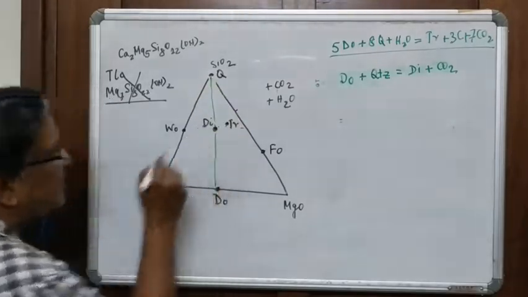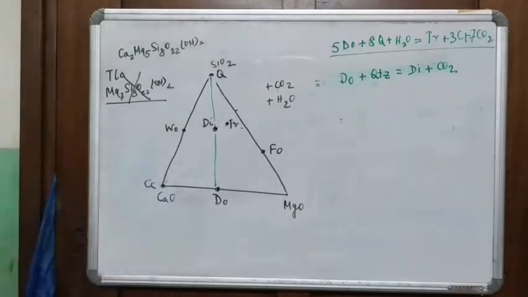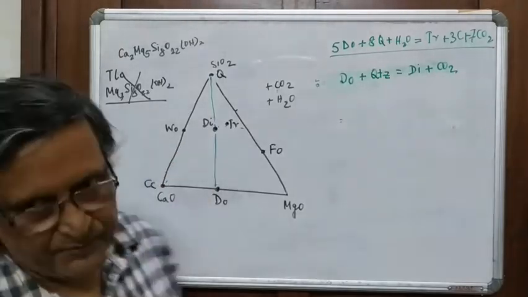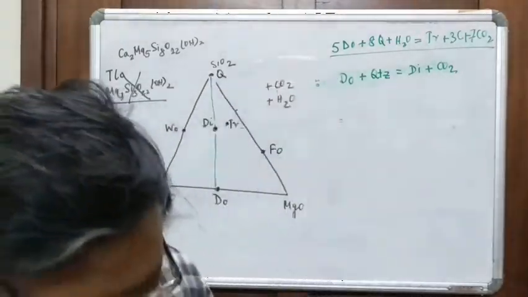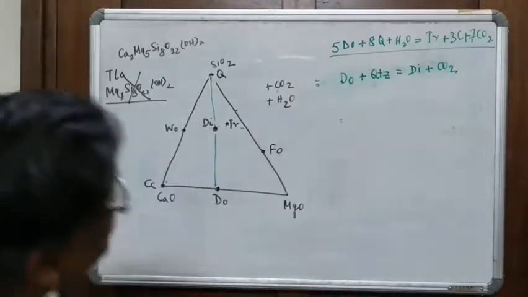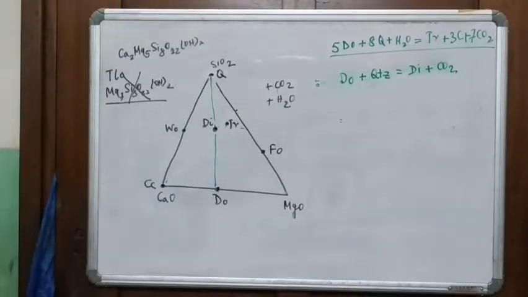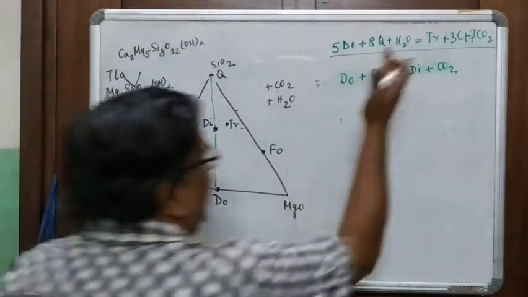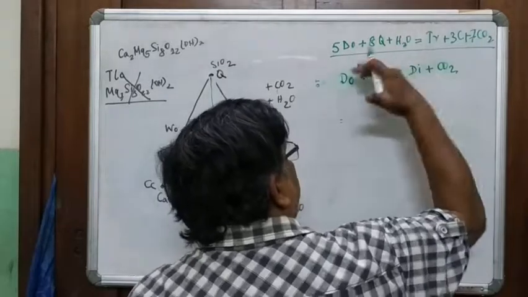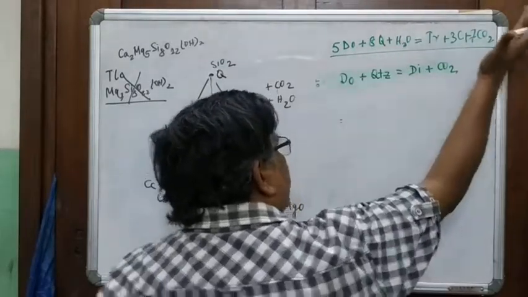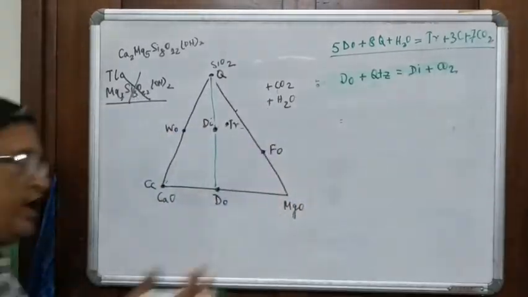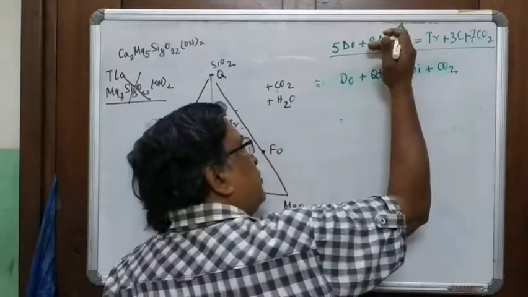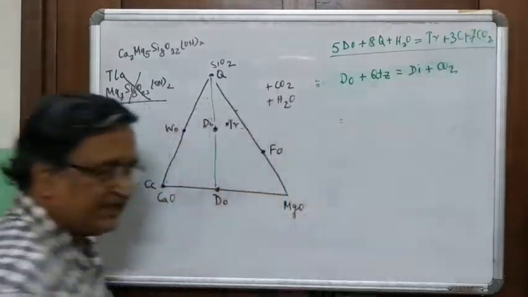So you have dolomite plus quartz producing diopside. But there is no H2O in this situation. But here H2O and CO2 are on one side, H2O on one side, the other side CO2. You could have reactions where CO2 is on this side, H2O is on that side.